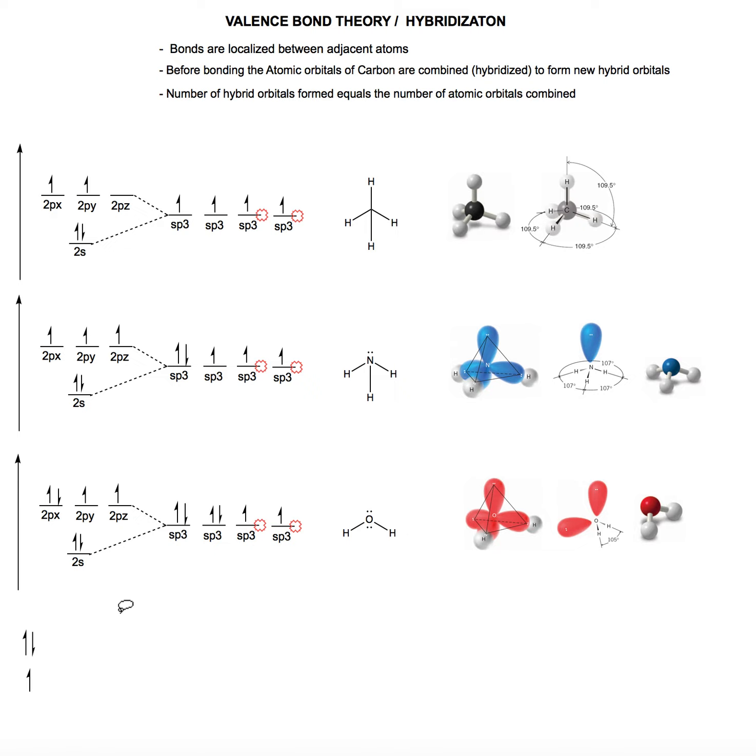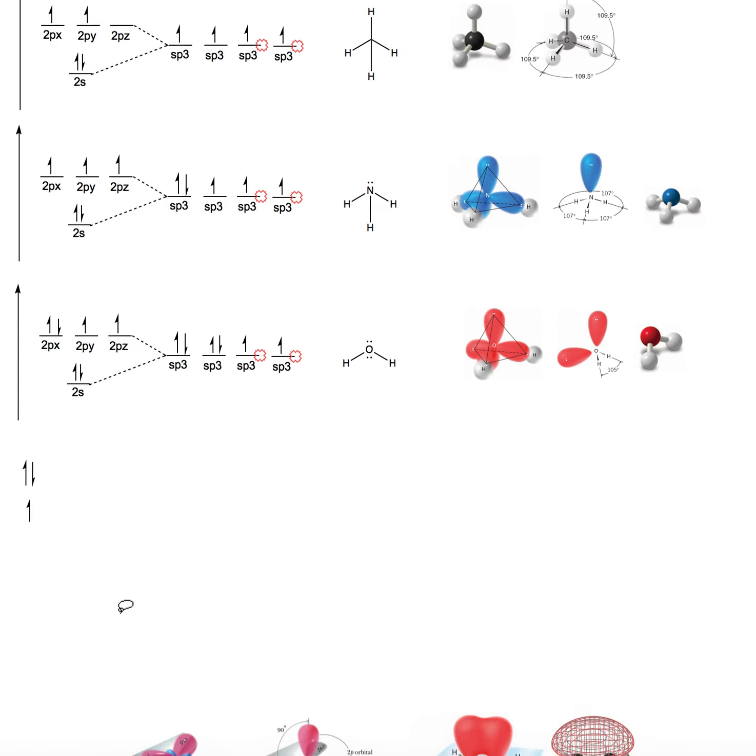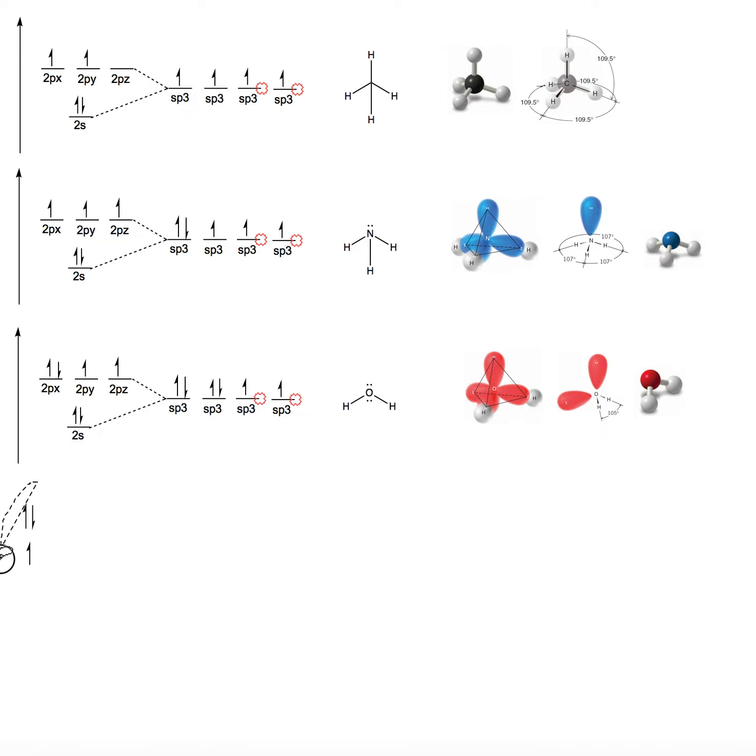Okay, so what's the next way in which we can find an atom, a carbon atom, let's say, hybridizing? Another possibility is that you have an organic molecule with a carbon atom or an oxygen atom, remember it doesn't really matter, having one pi bond.